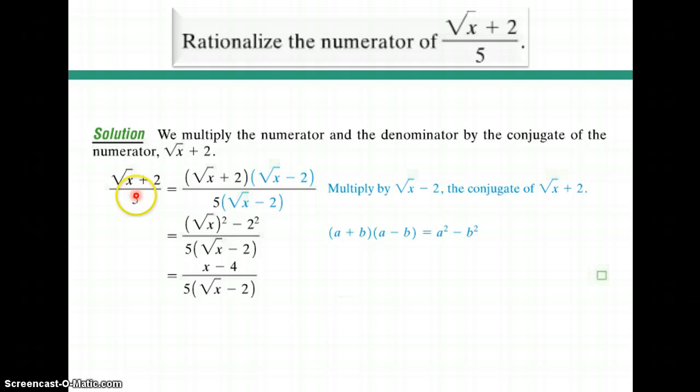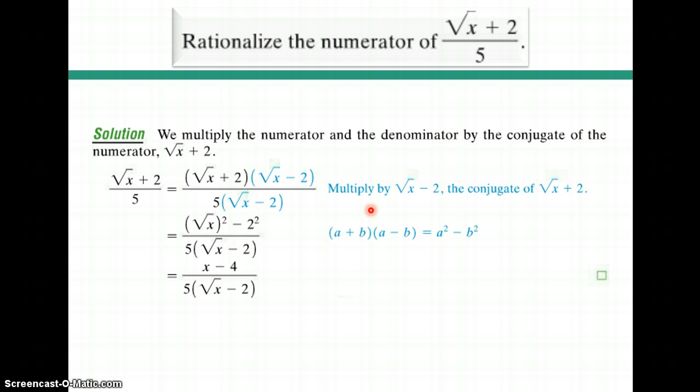To rationalize the numerator square root of x plus 2, we have to multiply its conjugate square root of x minus 2 with the numerator and square root of x minus 2 with the denominator. Now the expressions square root of x plus 2 and square root of x minus 2 are the sum and difference of two terms, square root of x and 2.